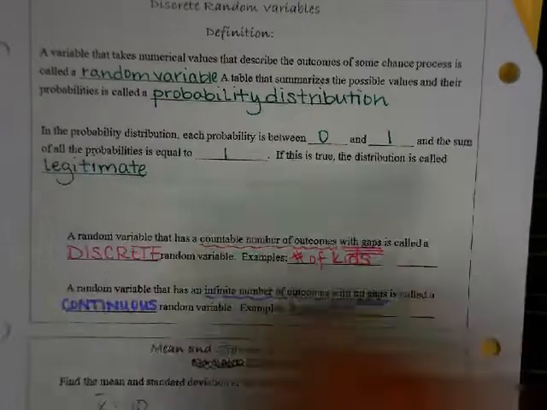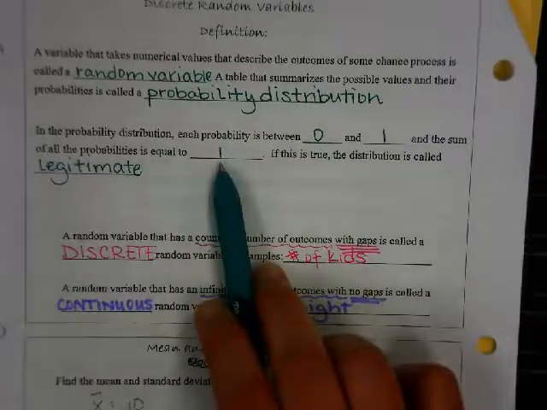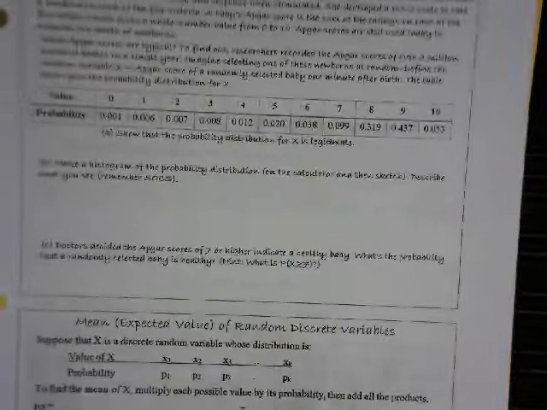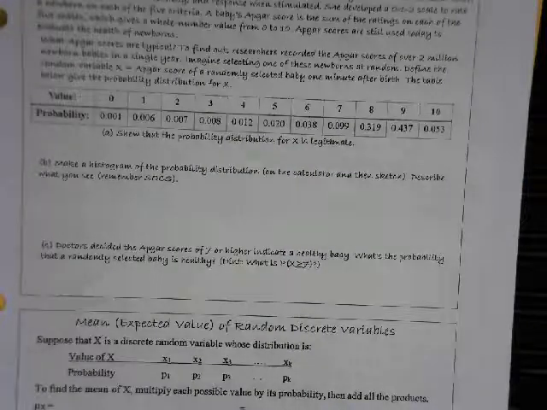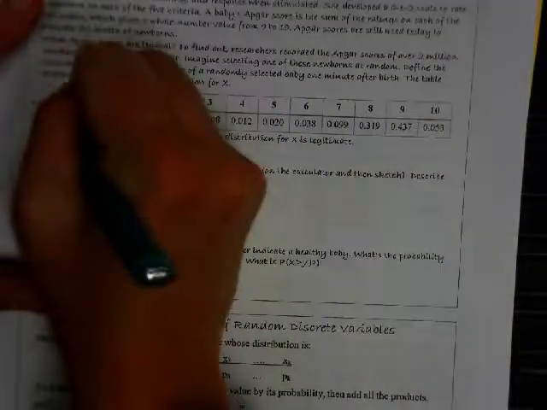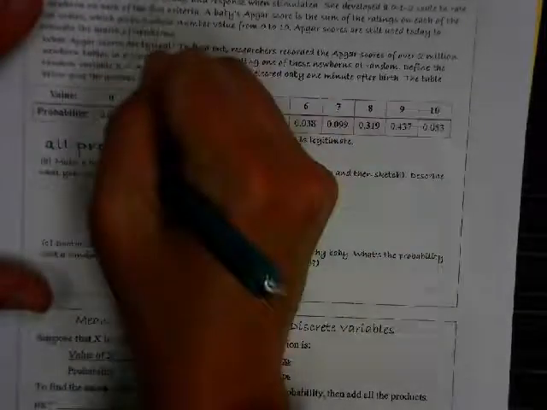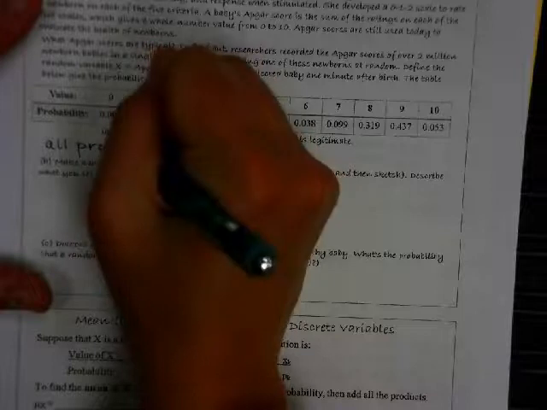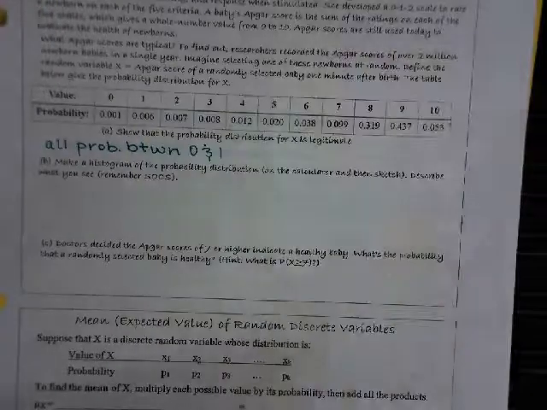For the first one, there's not any work to show besides maybe writing a little sentence that, yep, all the probabilities are between 0 and 1, which they are if you look at the table. I'm going to abbreviate probability and between. We don't have any probabilities less than 0. We don't have any probabilities greater than 1. So living between 0 and 1, check.